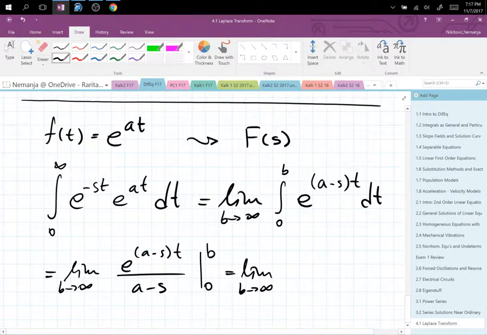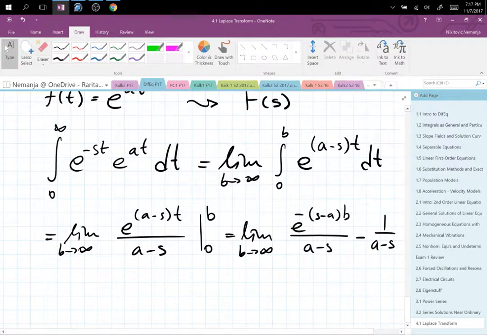Oh, I forgot to factor out the minus sign. So e to the minus s minus a, b over a minus s, and then minus, when you plug in 0, it becomes 1 over a minus s.